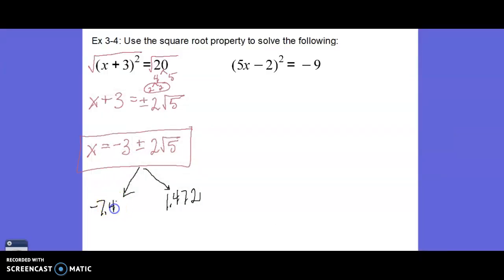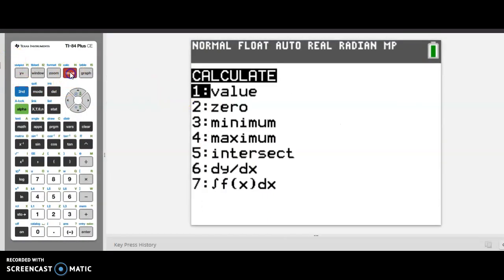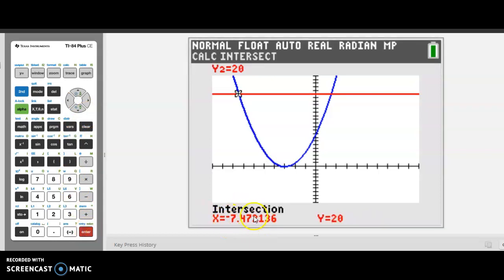And just to show you one more thing, I'm not trying to waste time here. I truly want you to understand. If I go back to second trace, point of intersection, well, now if I move my cursor to the left, because your calculator can only find one point of intersection at a time, hit enter 3 times there, there's my other answer.